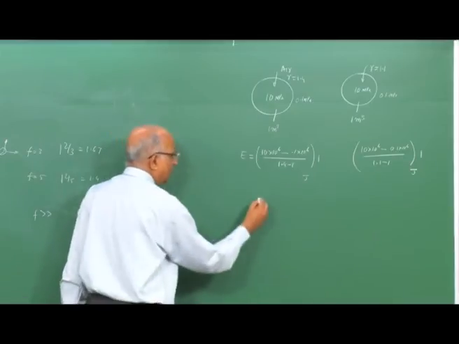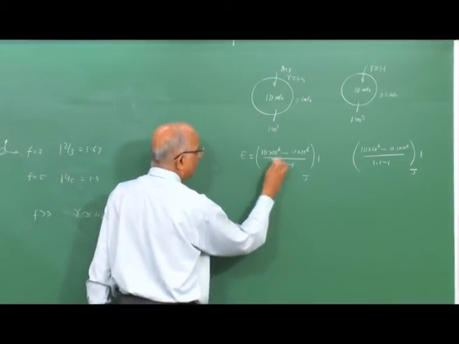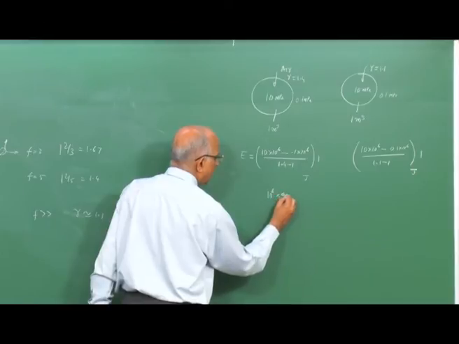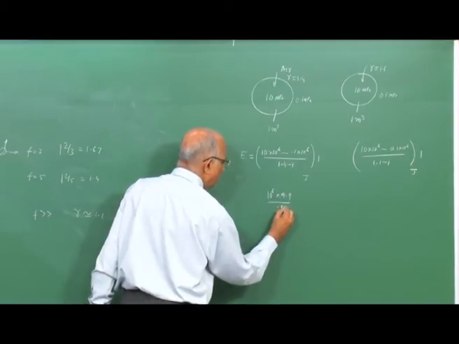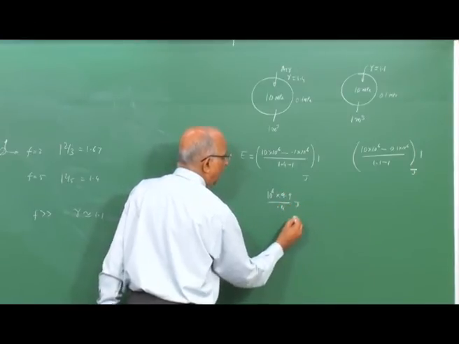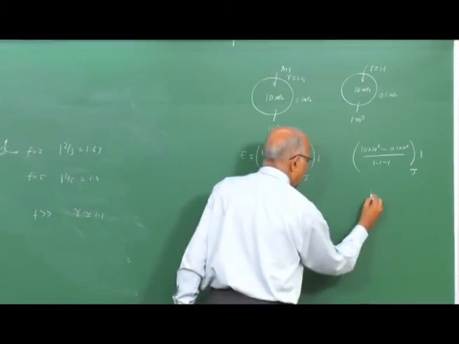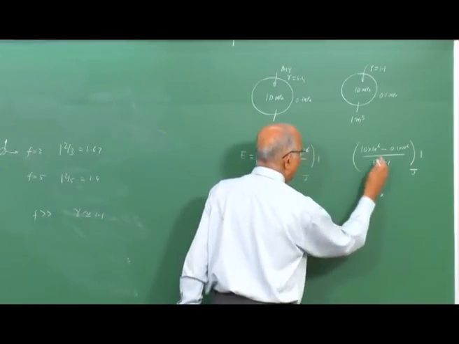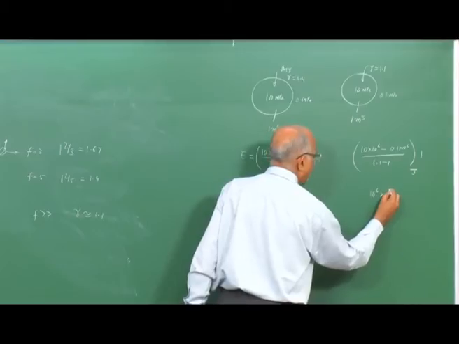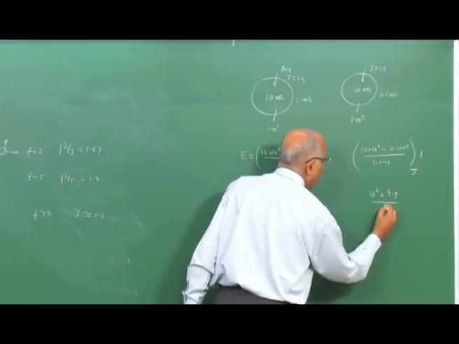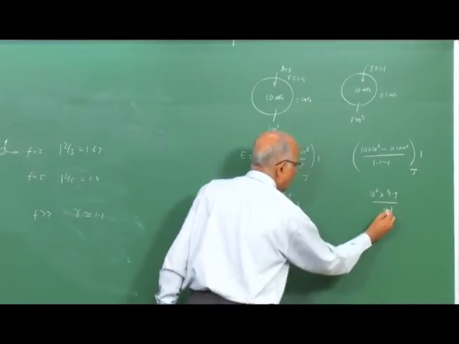Therefore, in this case, I take 10 to the power 6 outside. 10 minus 0.1 is 9.9 divided by 0.4 joules. And in this case, I have again 10 to the power 6 into 9.9 divided by 0.1.